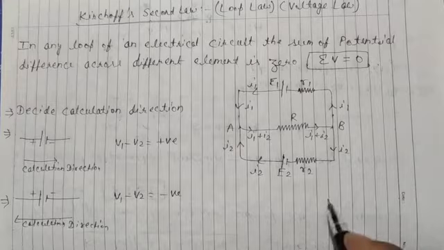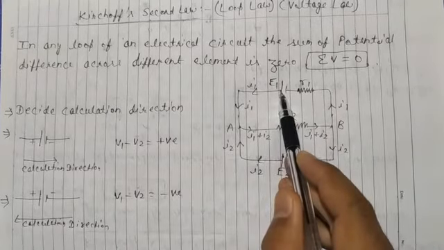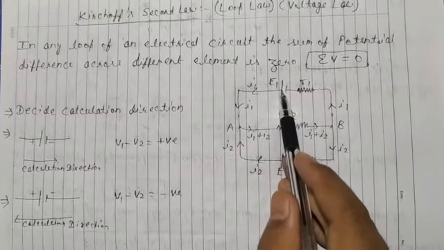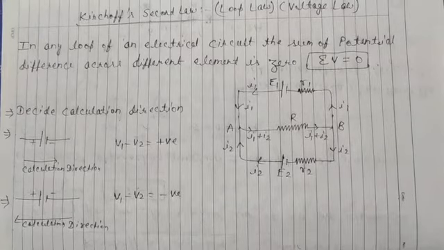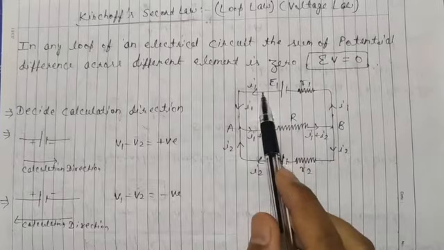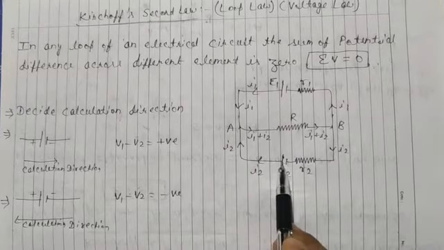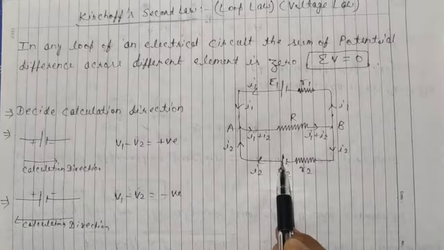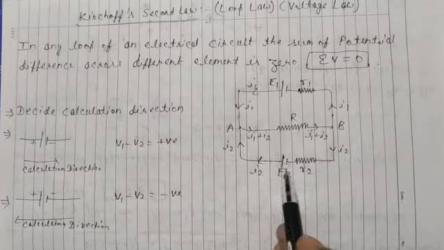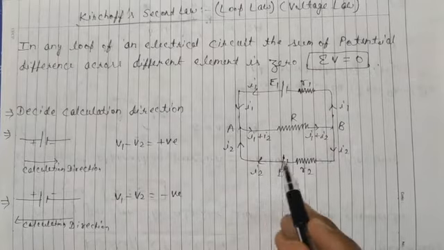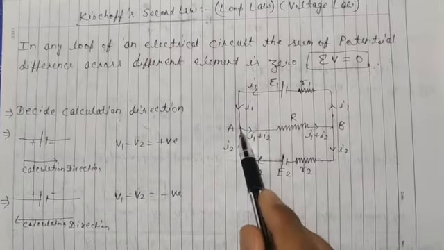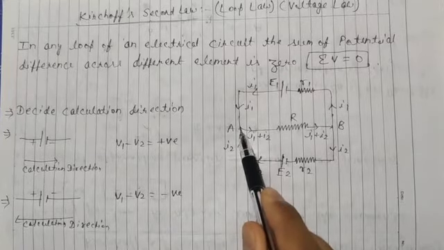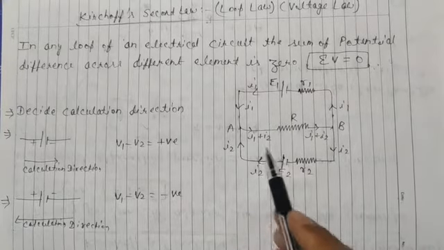Start from the positive plate of any cell. This is the positive plate of a cell, and let current I1 start from here. And this is another positive plate of another cell, and let current I2 start from here, and come to this junction.